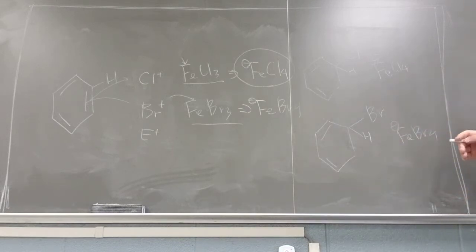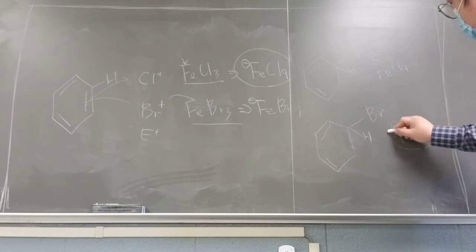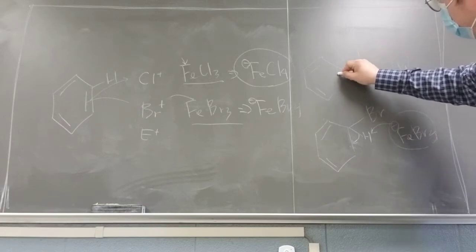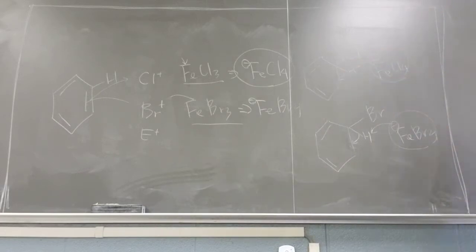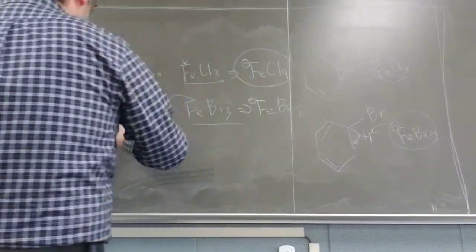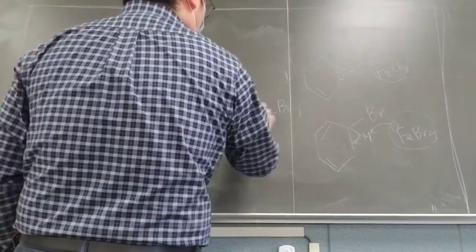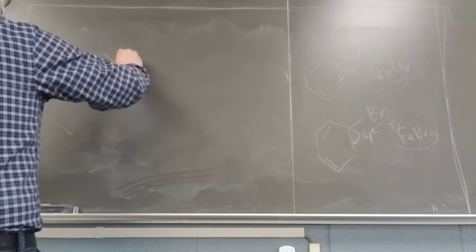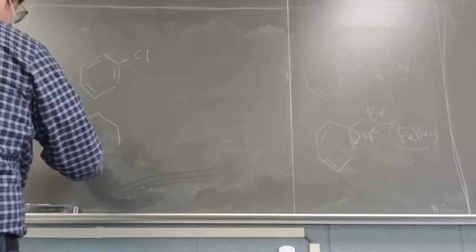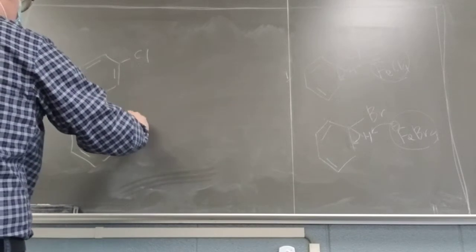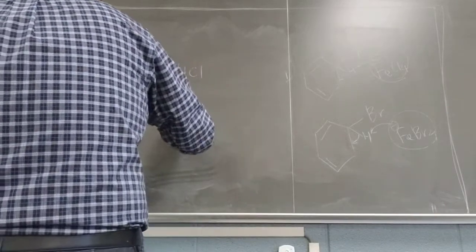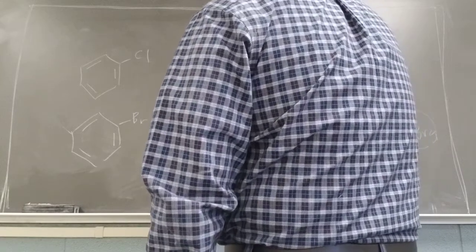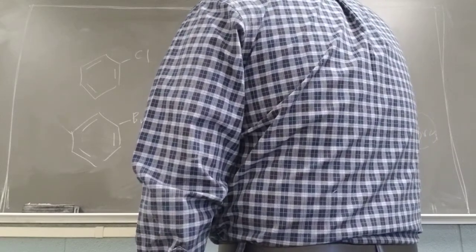Okay, and then you're going to have this one. When it happens to this one, they're going back to the original aromatic ring structure. So HCl with their original catalyst, iron(III) chloride.